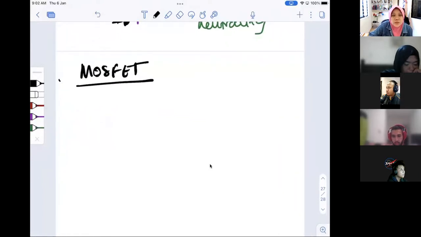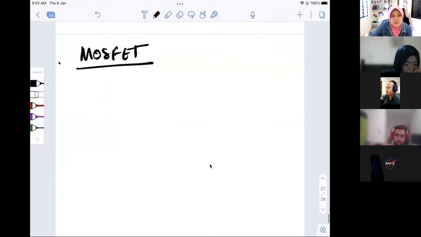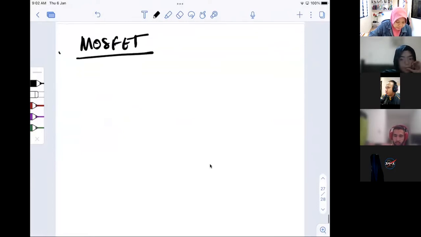So now it's another type of transistor called MOSFET. From the name, we can draw the structure. You should be able to draw the structure in the exam, quizzes or assessments. The name is metal oxide semiconductor, so we start with the metal.